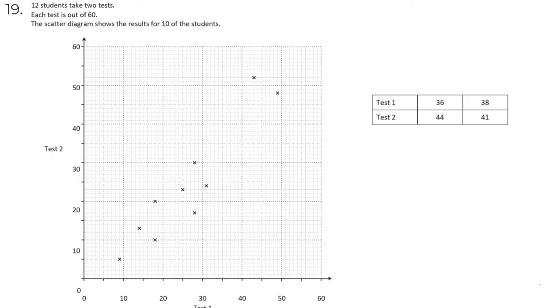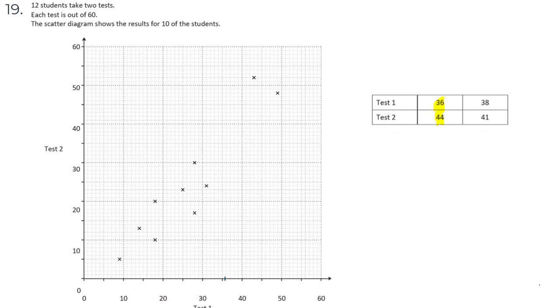Okay, so you can treat these as coordinates. The 11th student that we need to add got 36 in test 1 and 44 in test 2. So all we need to do is find 36 along test 1. We've got 10 little squares between 0 and 10, so each square is worth 1. Nice and easy scale. So 36 is going to be here.